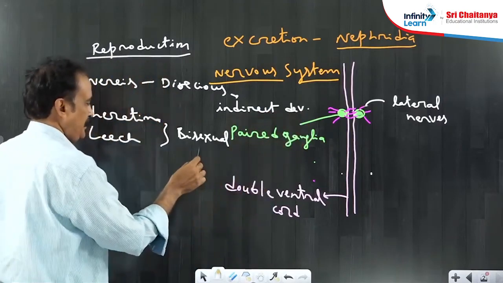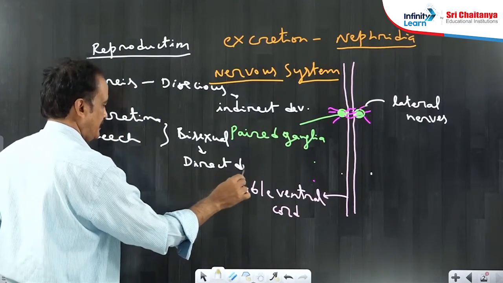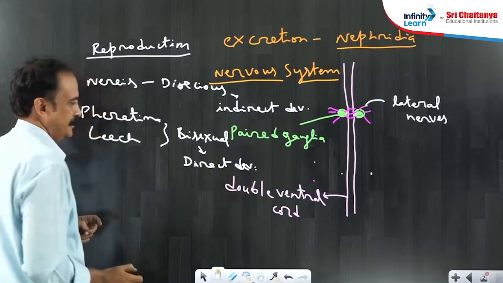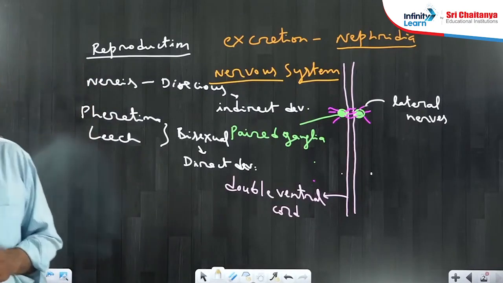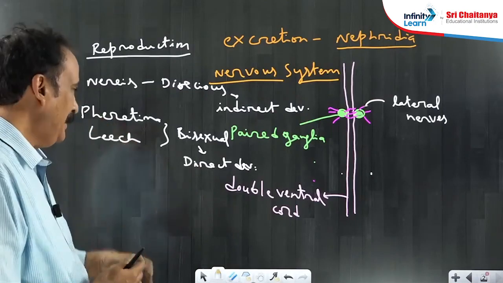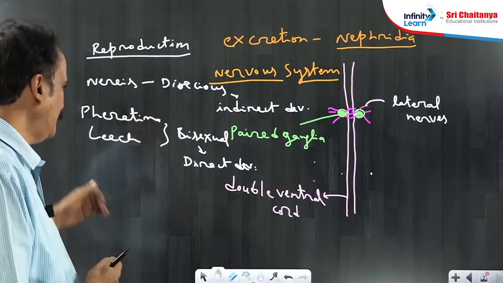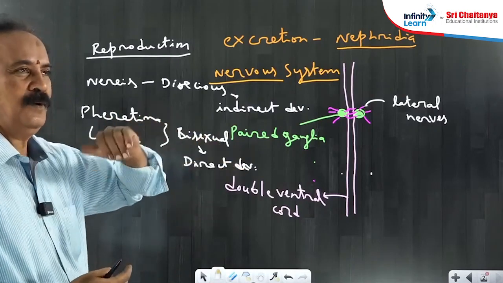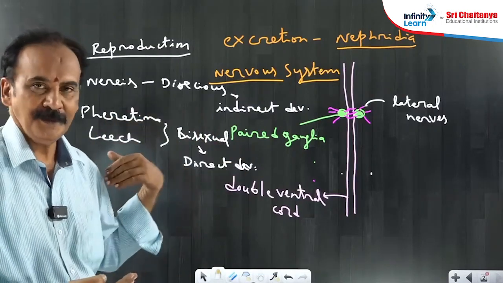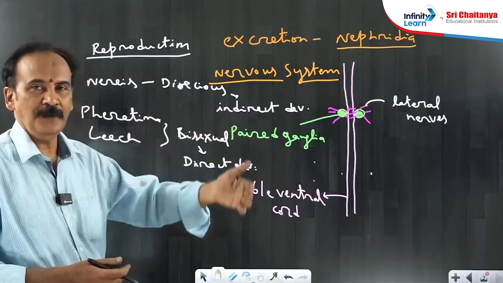In case of bisexual, development is direct. Unisexual will have indirect development through a larval form, whereas bisexual ones develop directly. So you got three examples. The two diagrammatically given are Nereis or Neanthes, and the leech called Hirudinaria, along with Pheretima.